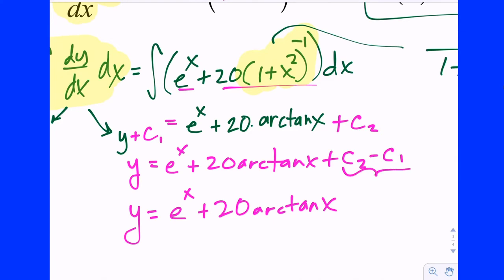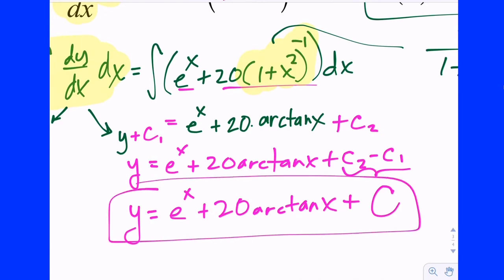So I can combine these two unknown constants and call it new and improved c. There you go. And because that's how it's always going to work, because we're solving for y, you do not need to put c sub 1 on the left and c sub 2 on the right. It's perfectly acceptable if you leave it off the left side where the y's are, and you just put plus c on the right side where the x's are when you're done.